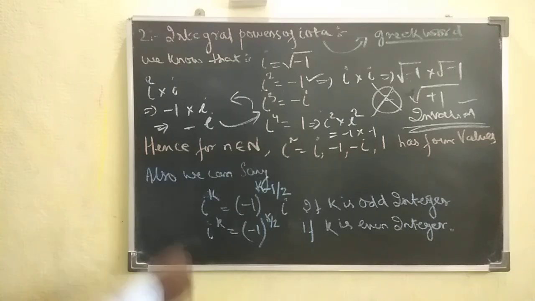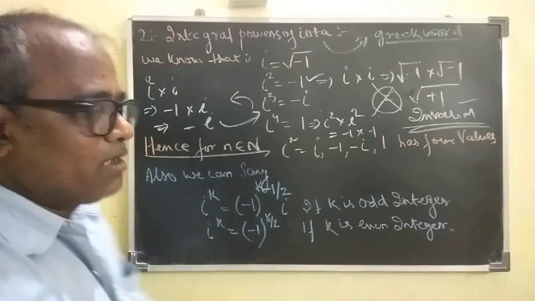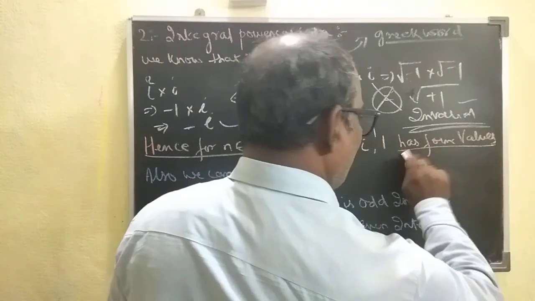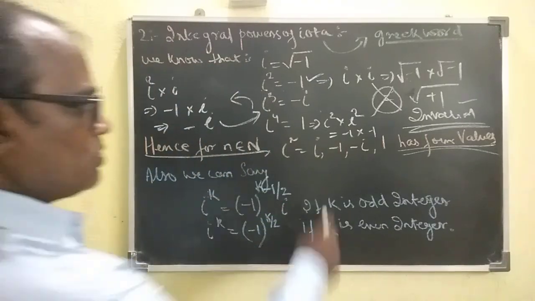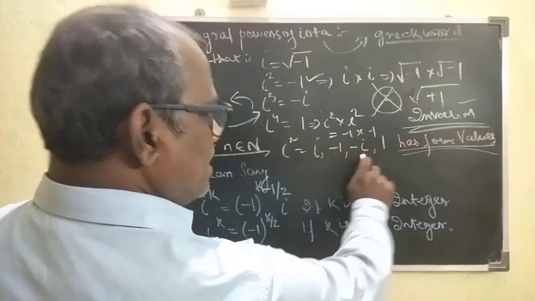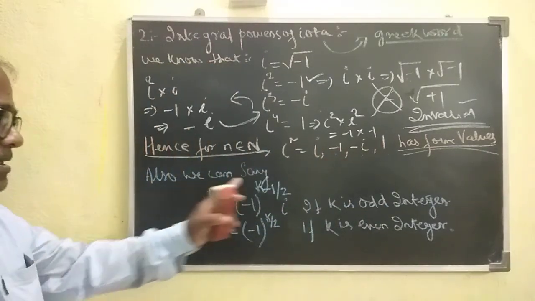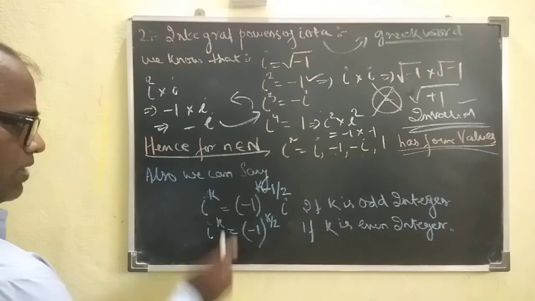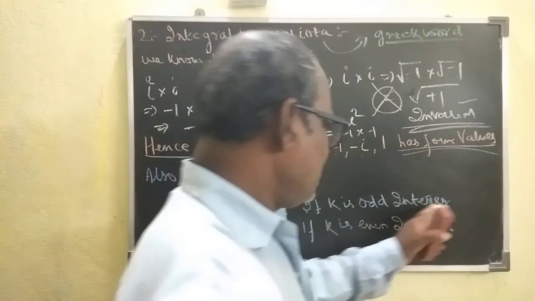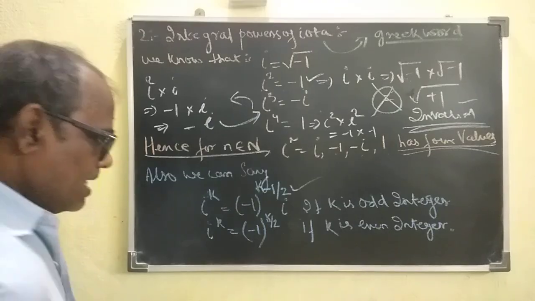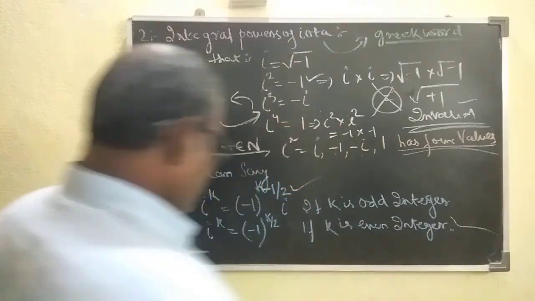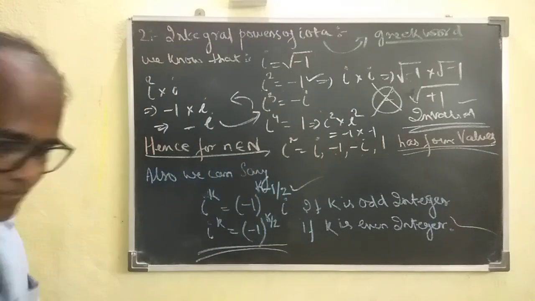So for the final result, for n belonging to natural numbers, we have 4 values where i to the power n equals i, -1, -i, +1. So finally we can say that if i to the power k, where k is an odd integer, then this thing happens, and if k is an even integer, we get this value.